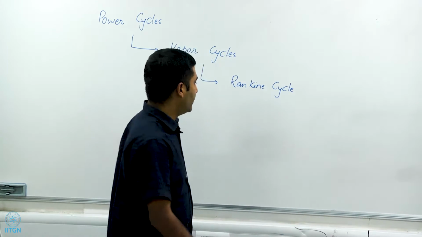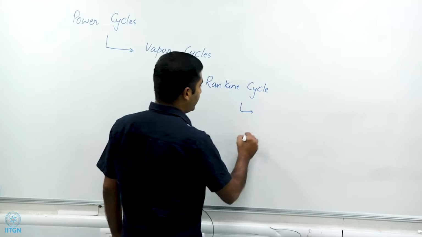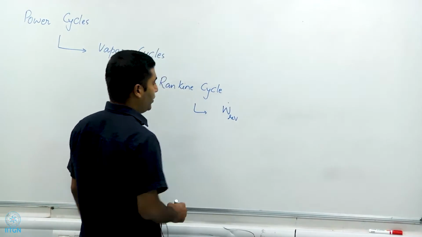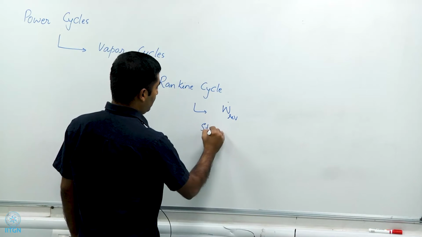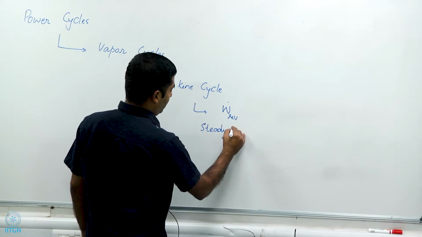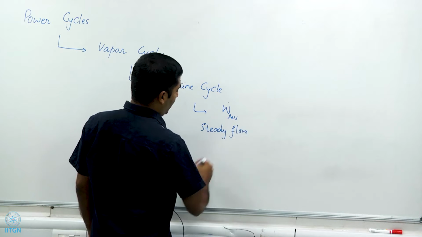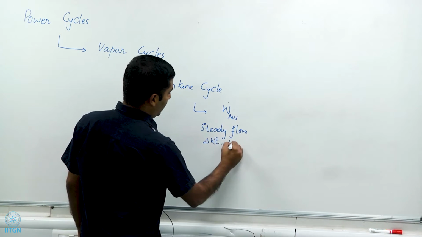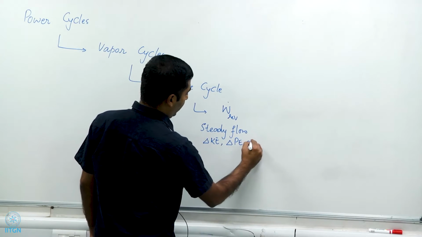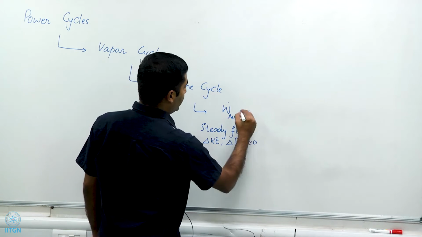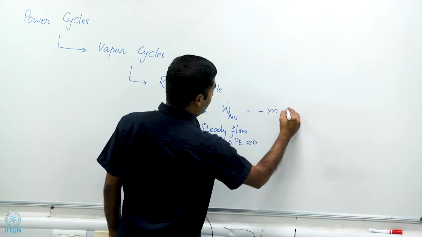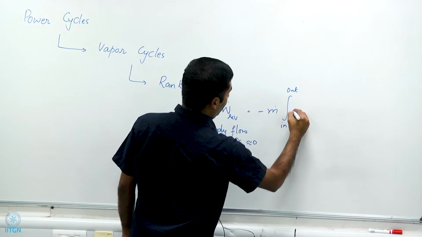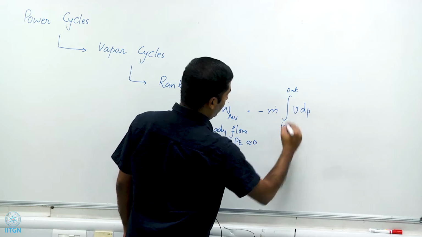So we want to underline this again. The reversible work output from a steady flow device, with changes in kinetic energy and changes in potential energy neglected, we saw was equal to m dot times the integral from in to out of V dP, right?